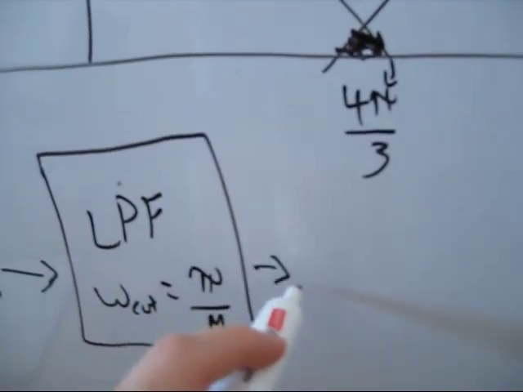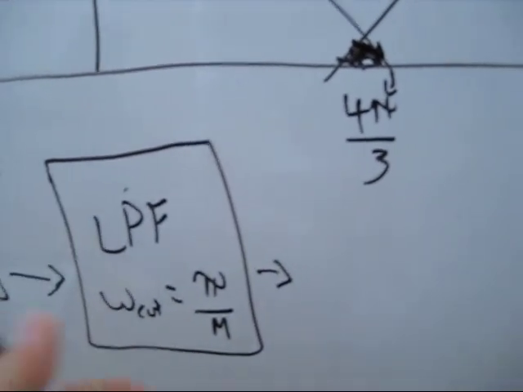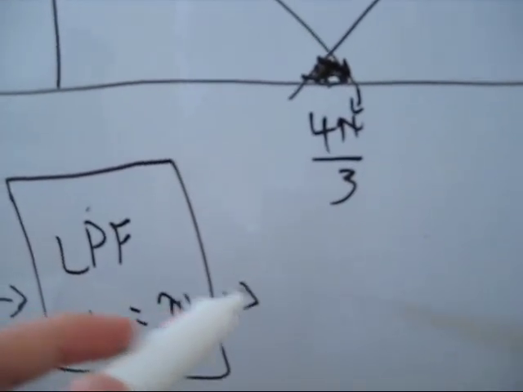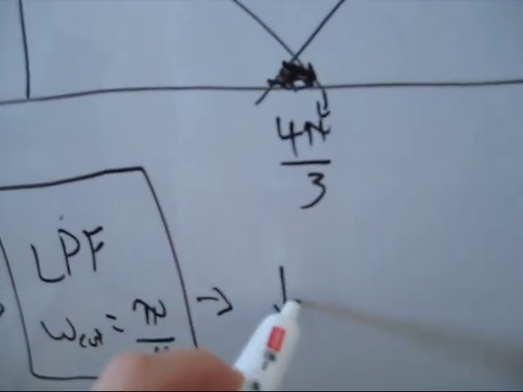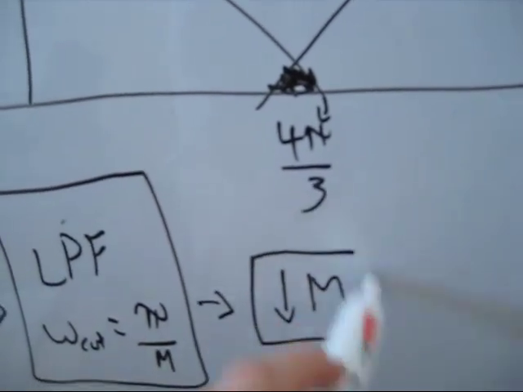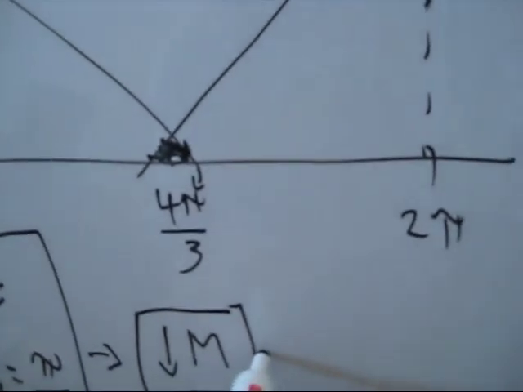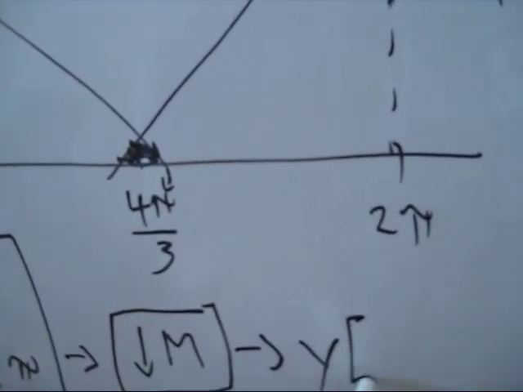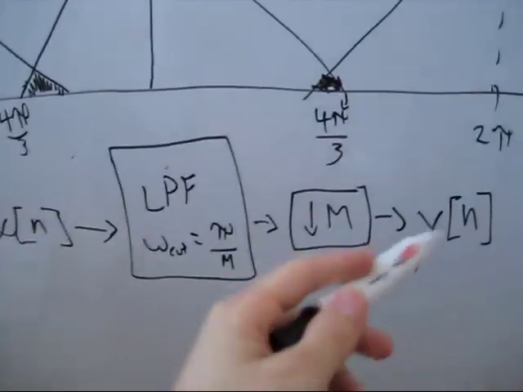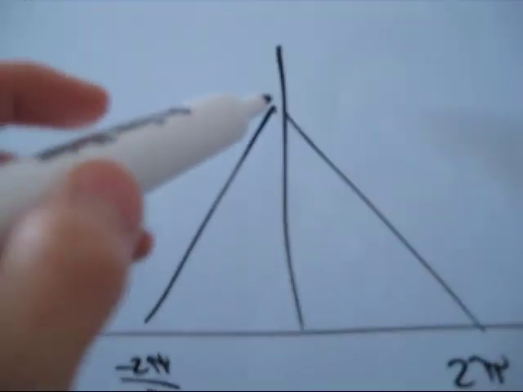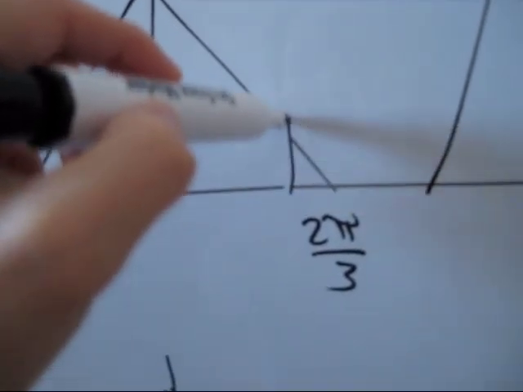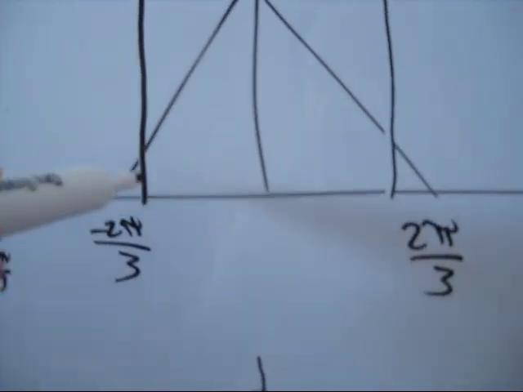It's just arbitrary radians per data point because there is no time once you've sampled it. But we went over that last time. And then of course you downsample by m, so in this case it was 2, and then you have your output, your new set of data points. So you take it and you low pass filter it. What that would end up being is that you would take this and apply a low pass filter like that, right?